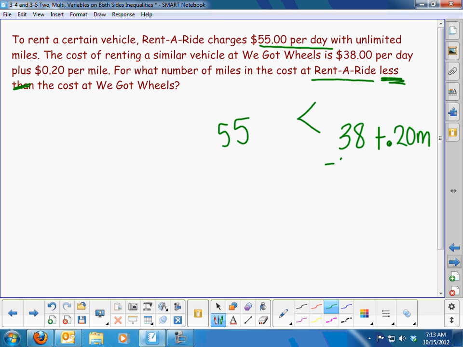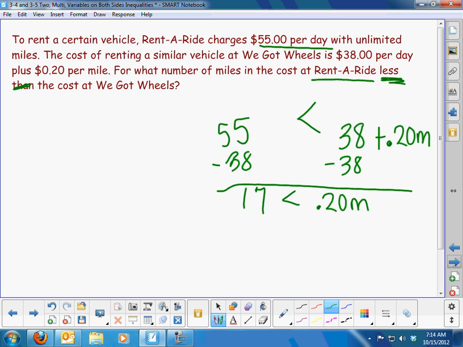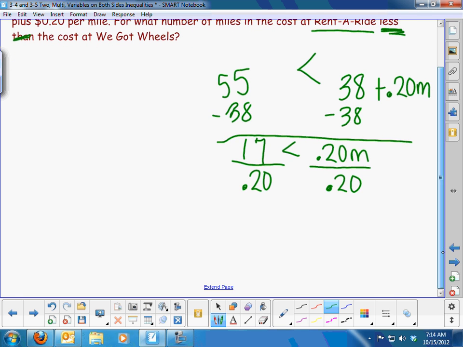So first thing I'm going to do, I need to subtract 38 from each side. Now whenever I subtract this, I get 17 is less than 0.20m. Okay, 20 cents. Now I need to divide each side by 0.20.